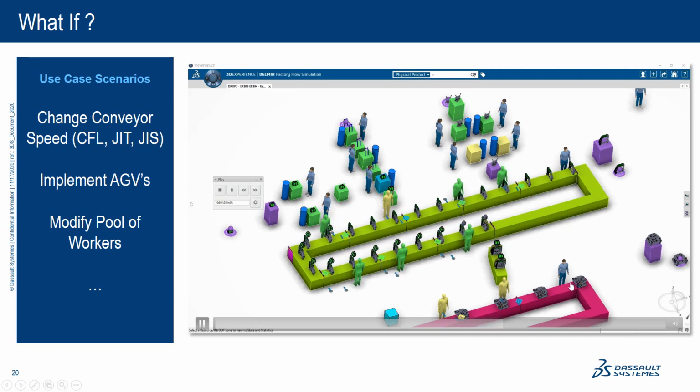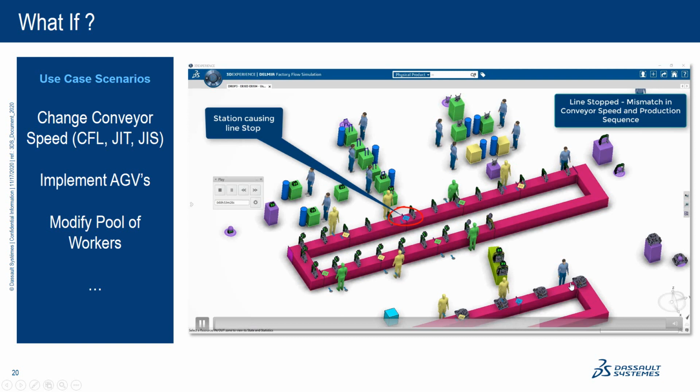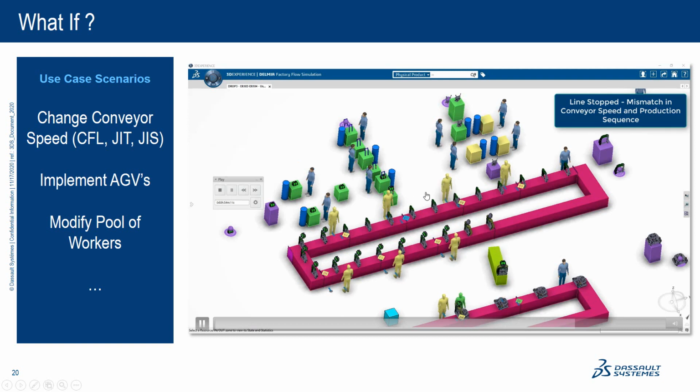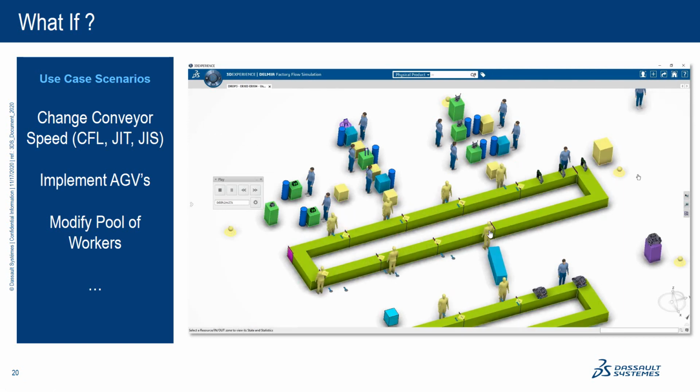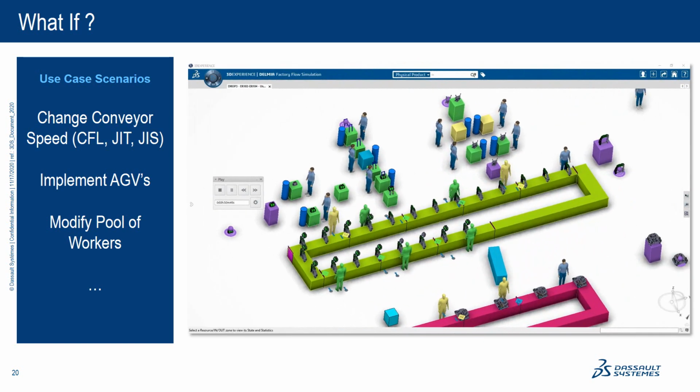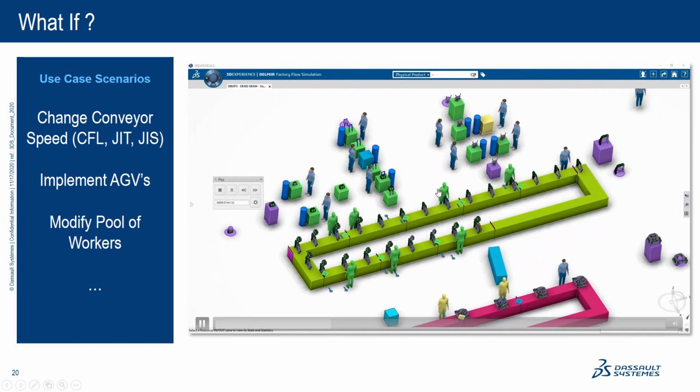The conveyor needs to stop for everybody on the line because a step hasn't been performed, and we need to stop the whole line. So that's where you can start to do some simulation on the speed of a conveyor, which lets you find the optimum speed for your line.